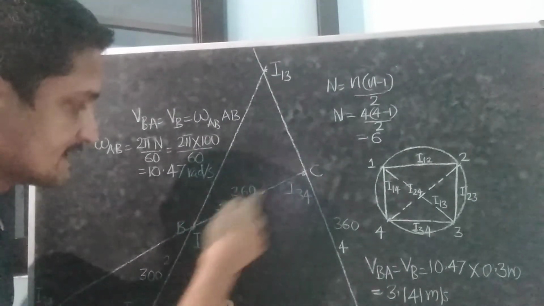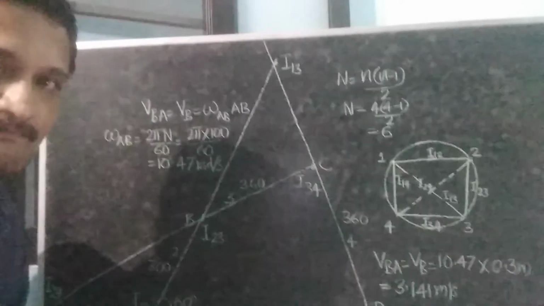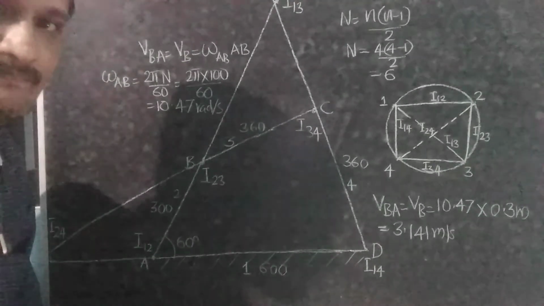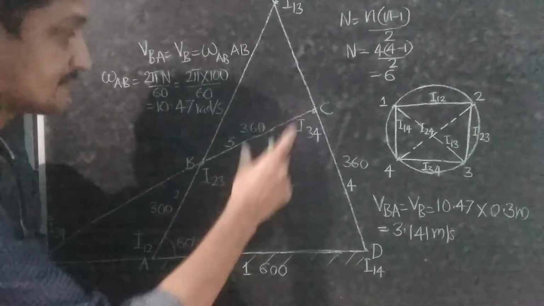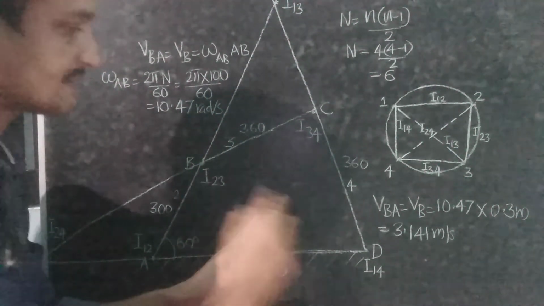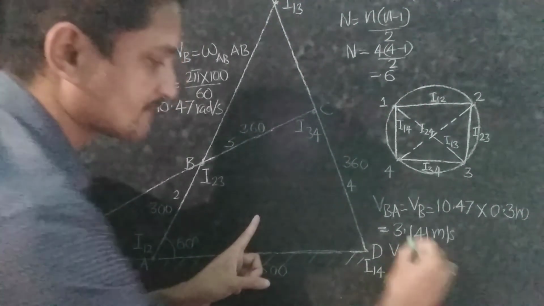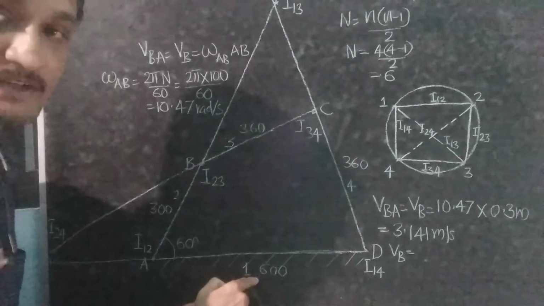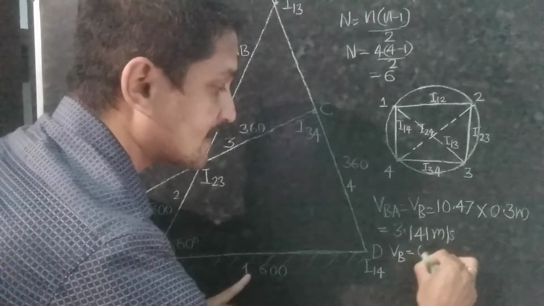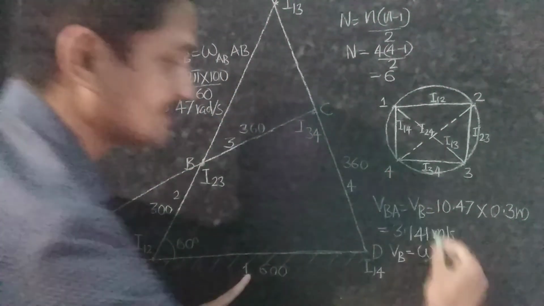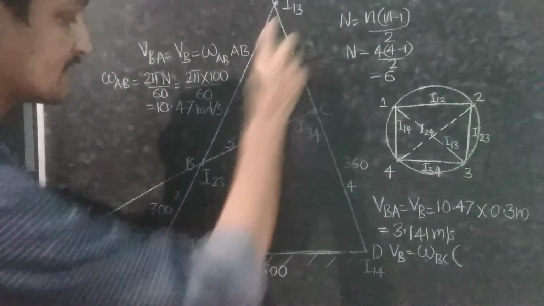Then when we apply the conditions of instantaneous center, we know that the same point B is a part of link 3. Then we can say that the velocity of B with respect to the first link, the fixed link, is equal to omega BC into I13B.